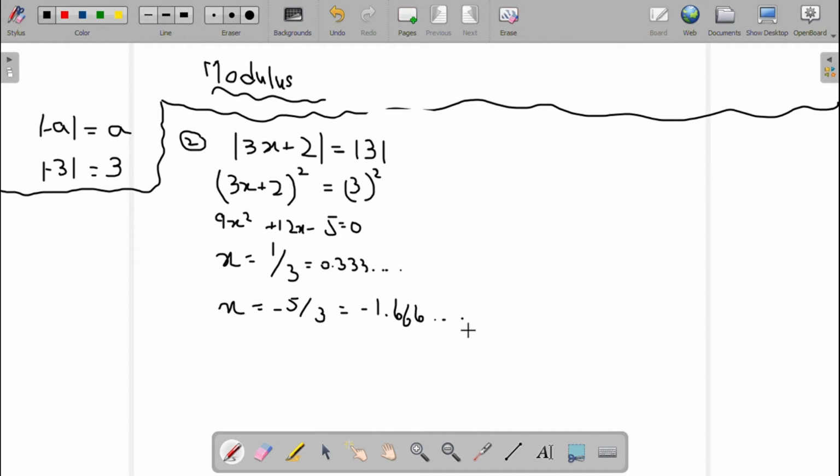Here is how you will check the validity of these two roots. You don't need to put these two in this equation here. Just use the graph method, the sketching method. Let's say 1 upon 3 is here and negative 5 by 3 is here.